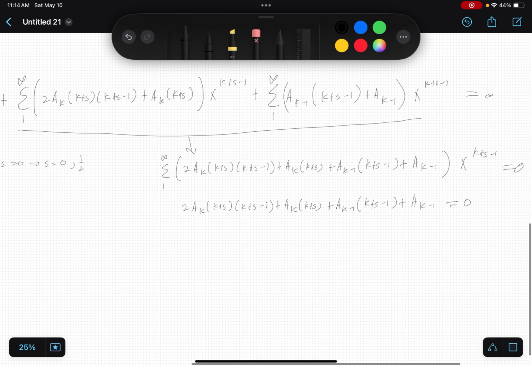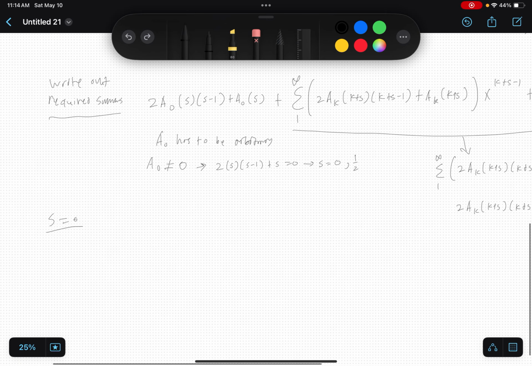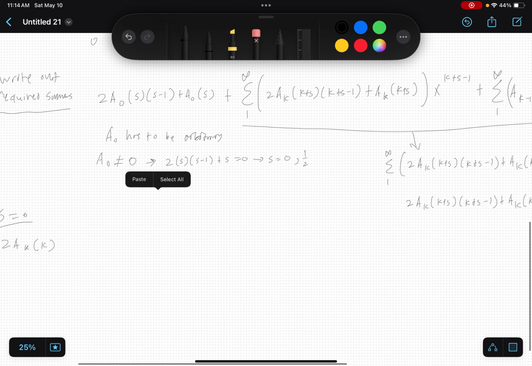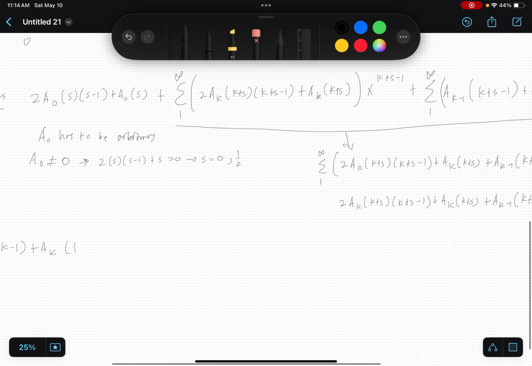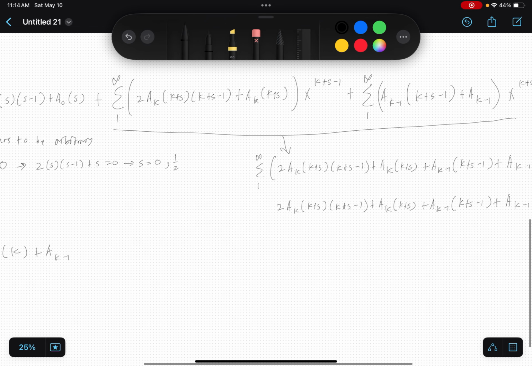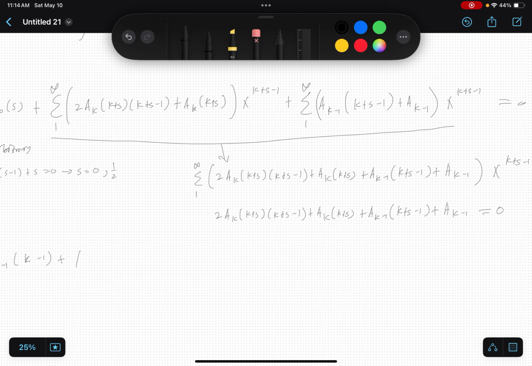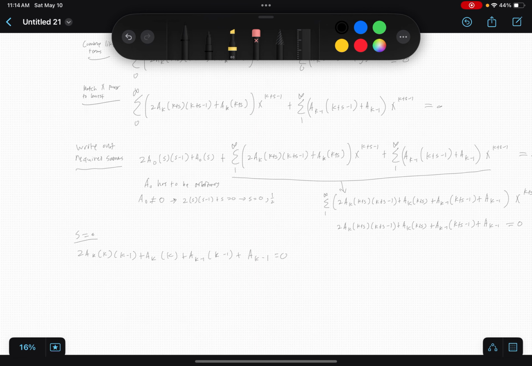So if s equals 0, we plug s equals 0 into this equation, and we should get, is that what we got?